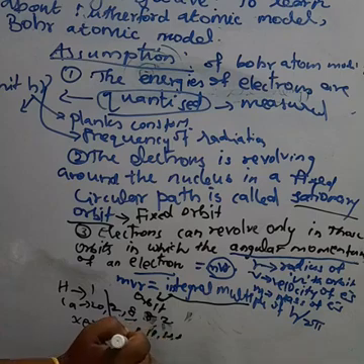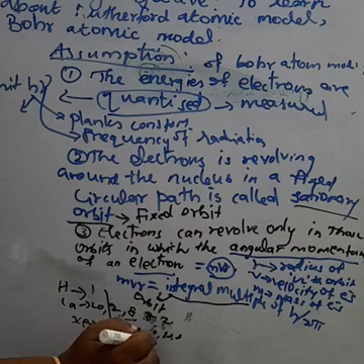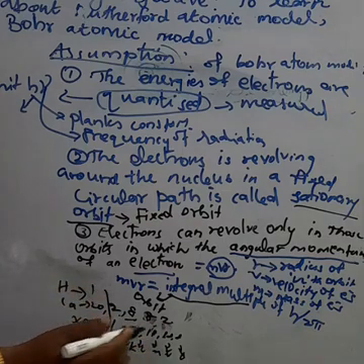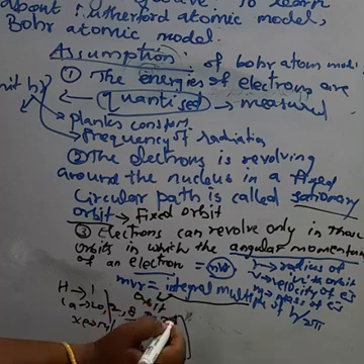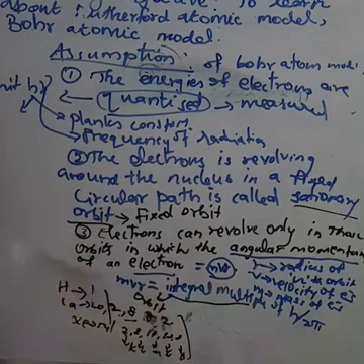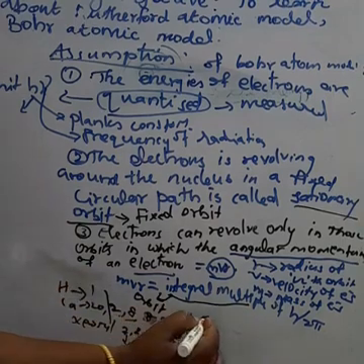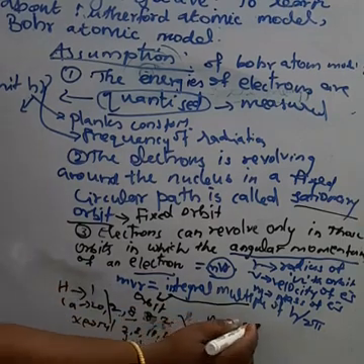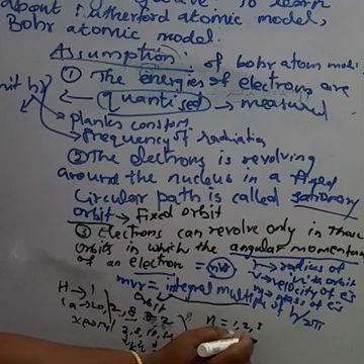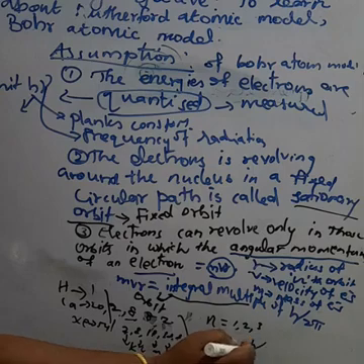We indicate them as K, L, M, N, O. So MVR is equal to an integral multiple of h by 2 pi. Integral multiple means n. So MVR is equal to n h by 2 pi, where n means integral multiple. Understand?